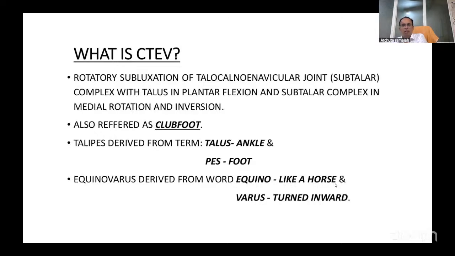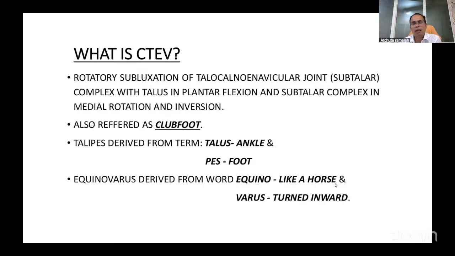So the foot has many deformities inside, not a single deformity like a varus or a valgus. That's why it is called club foot. Club means a mixture of more than 2 or 3. That's why it is a club foot.